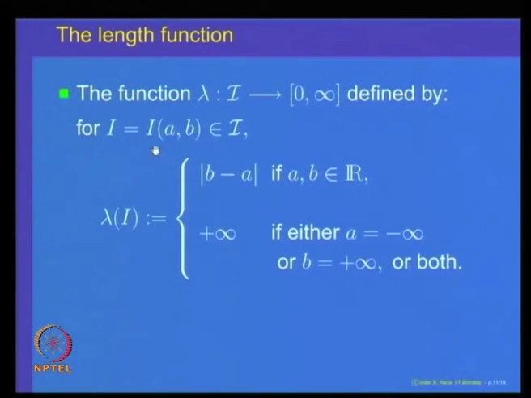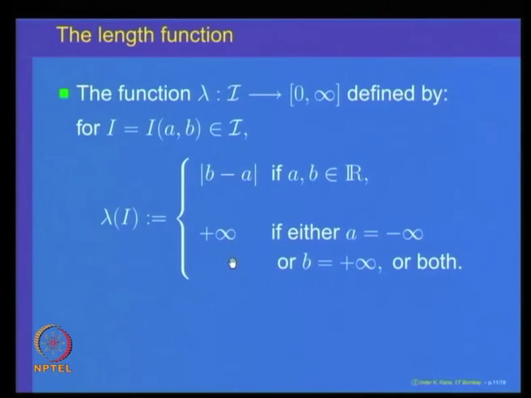That means, if the interval I is a finite interval with end points a and b, then its length is defined as b minus a, and we define it equal to plus infinity in case either the left end point a is minus infinity or the right end point b is equal to plus infinity or both. So, length of I for an unbounded interval is defined as plus infinity.